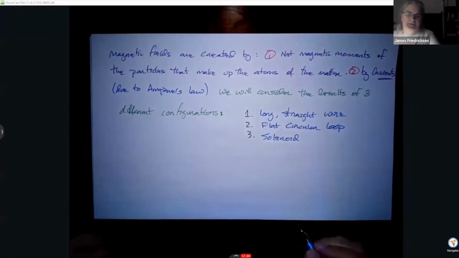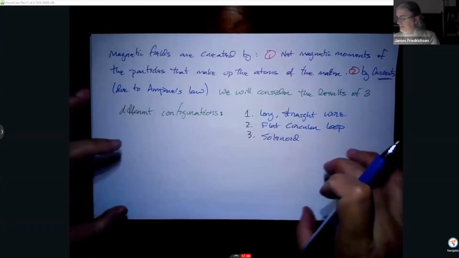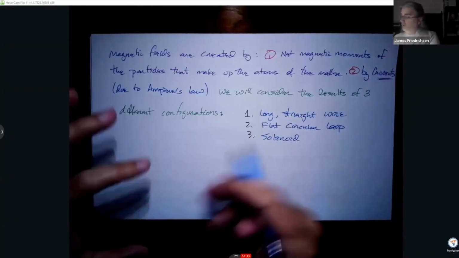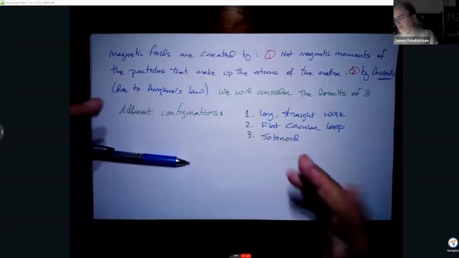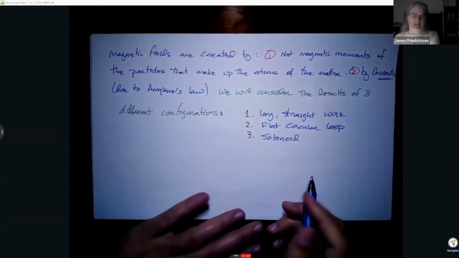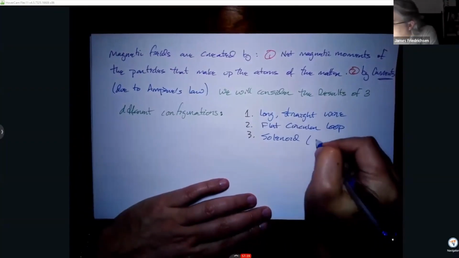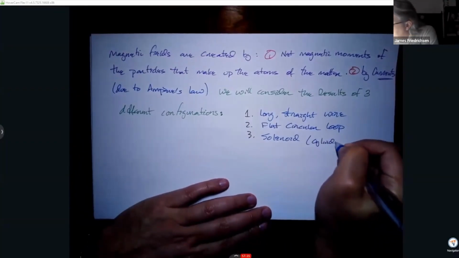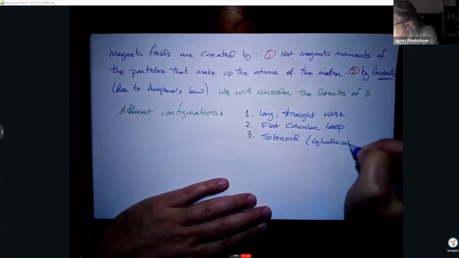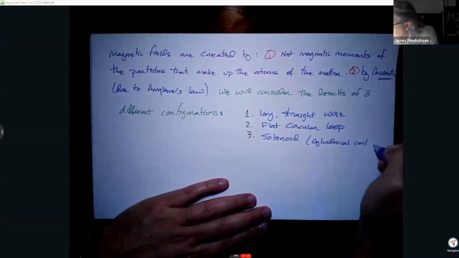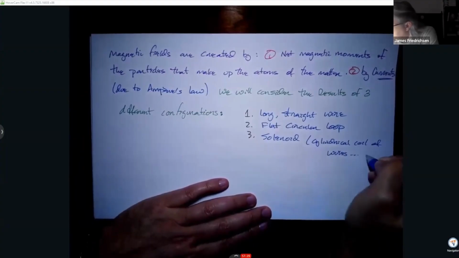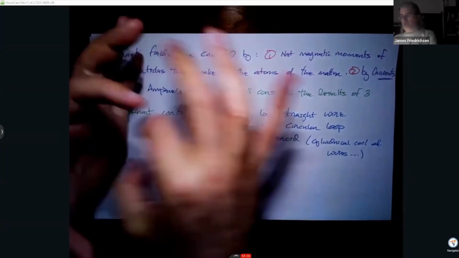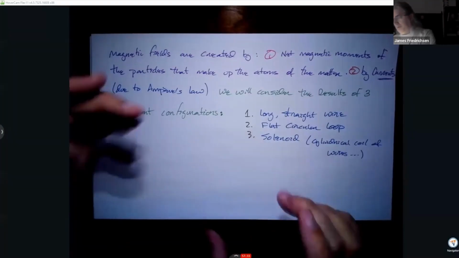A solenoid is essentially like a cylindrical coil of wires. We take a bunch of wires and wrap them to make a little coil, and that's a solenoid. Okay, so it's like a little tube of wrapped wires.